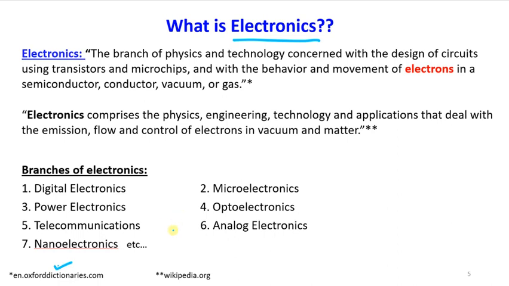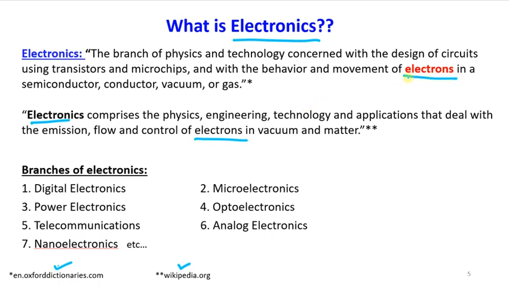Fine. And Wikipedia describes electronics in this way: electronics comprises the physics, engineering, technology and the applications that deal with the emission, flow and control of electrons in vacuum and matter, right? So one thing to note here is that electronics is related to electrons, right?